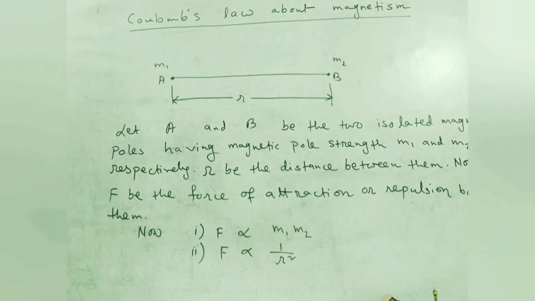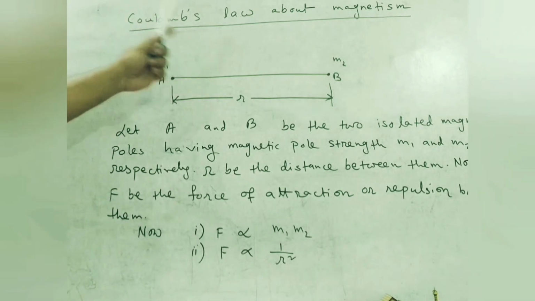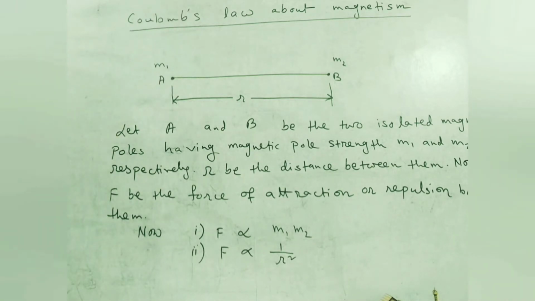Let A and B be two isolated magnetic poles having pole strengths M1 and M2 respectively.